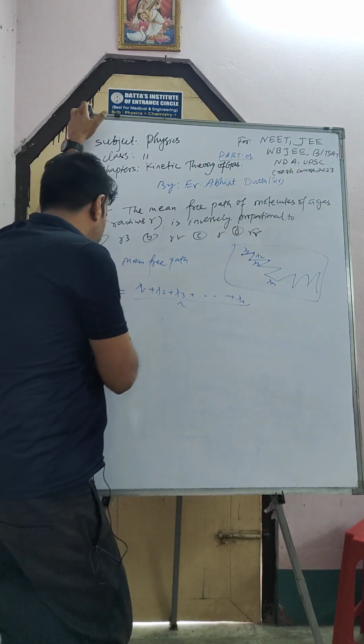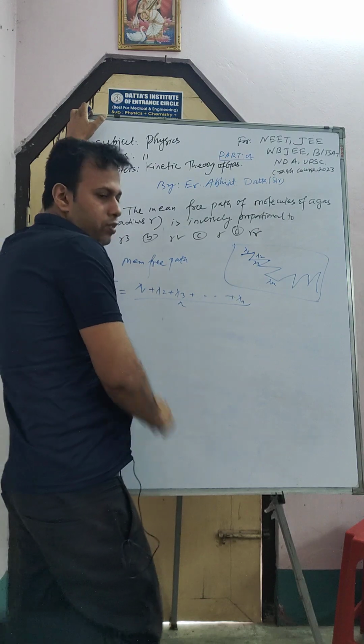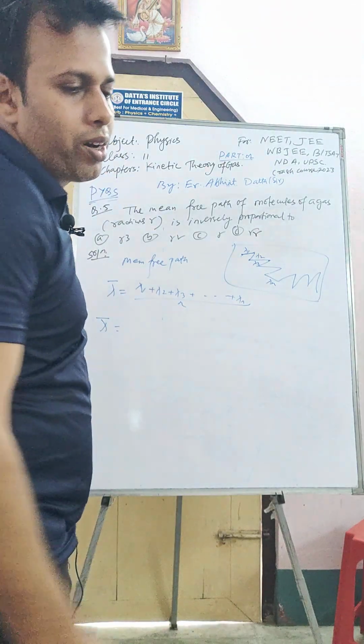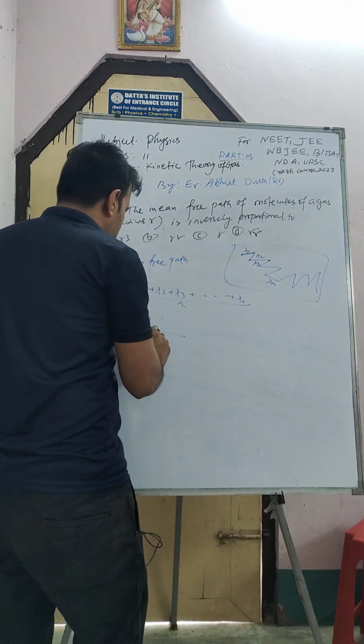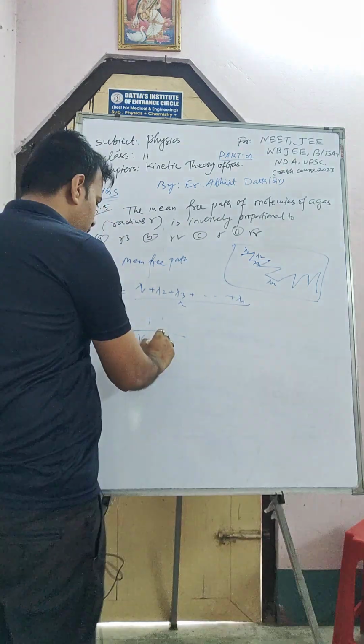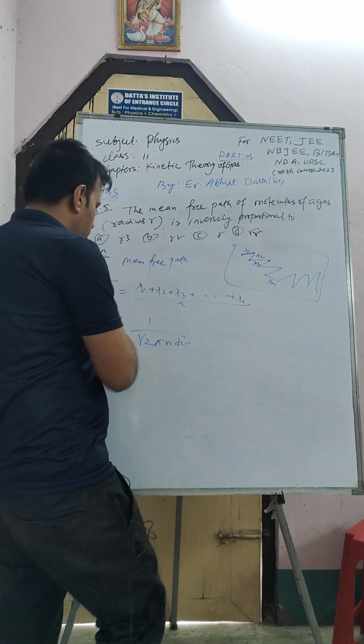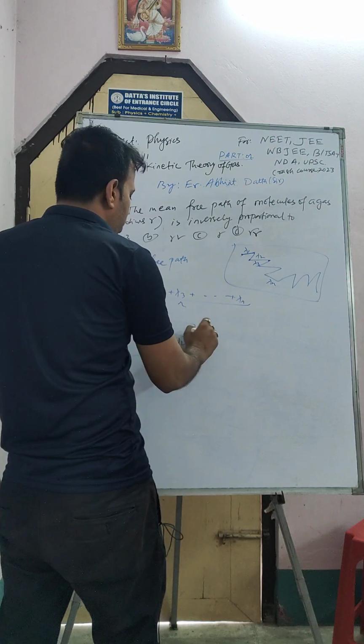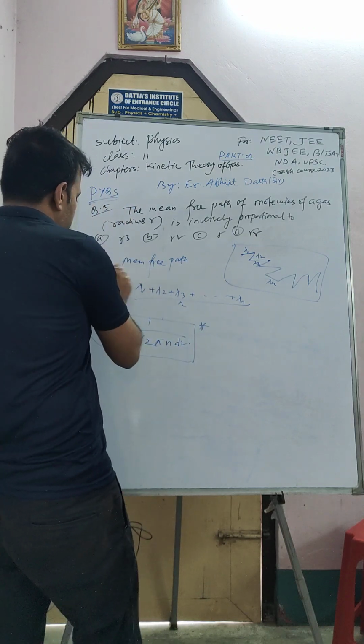Now lambda bar is 1 by root over 2 pi n d square. So this is the final formula of mean free path.